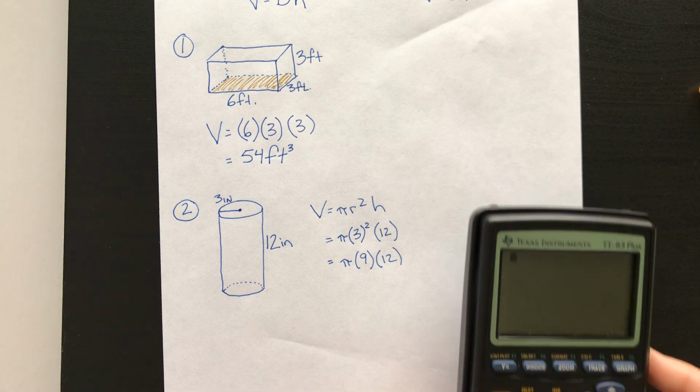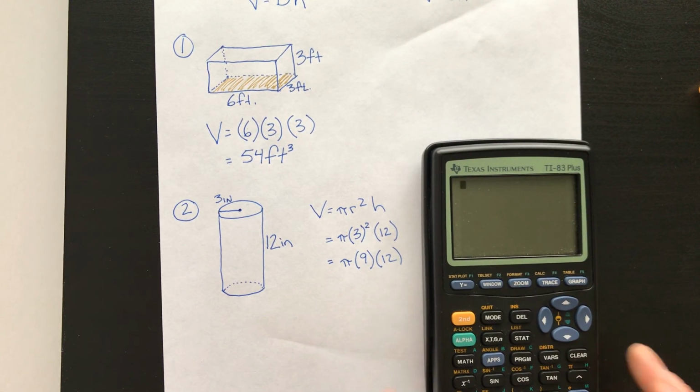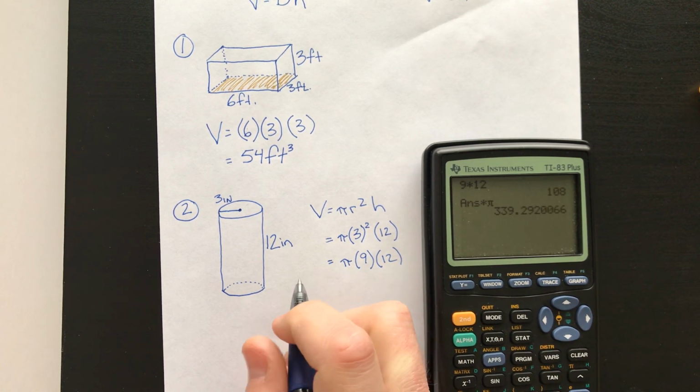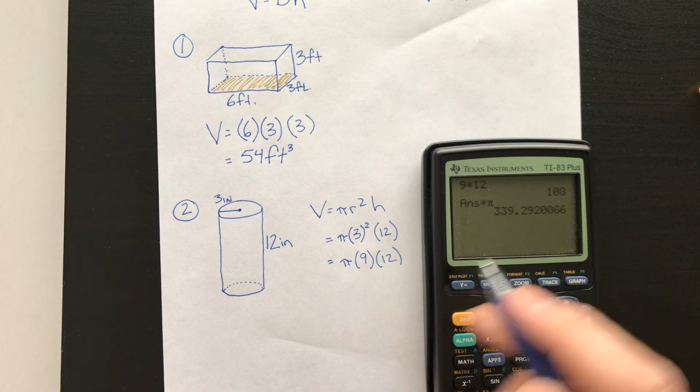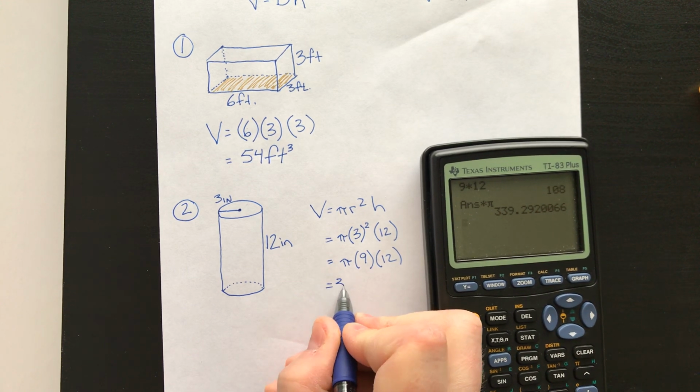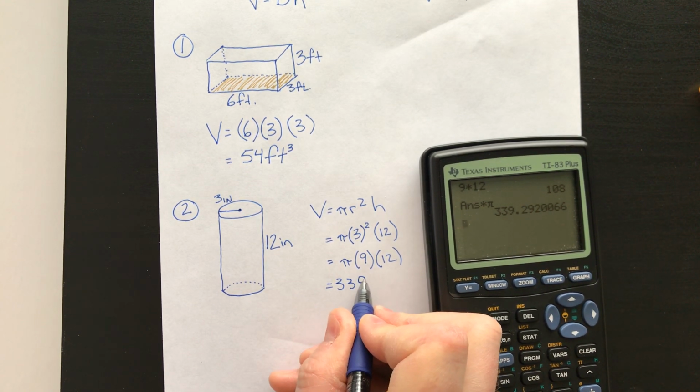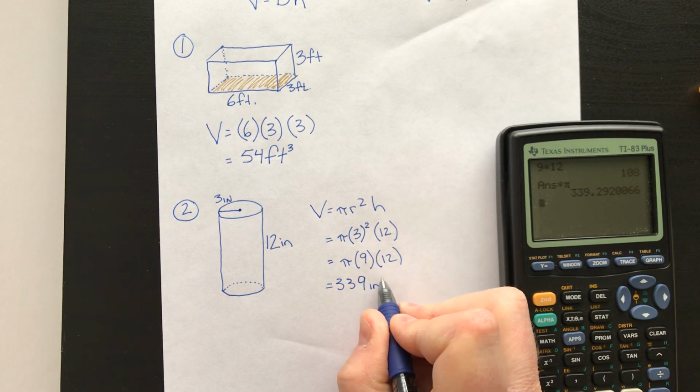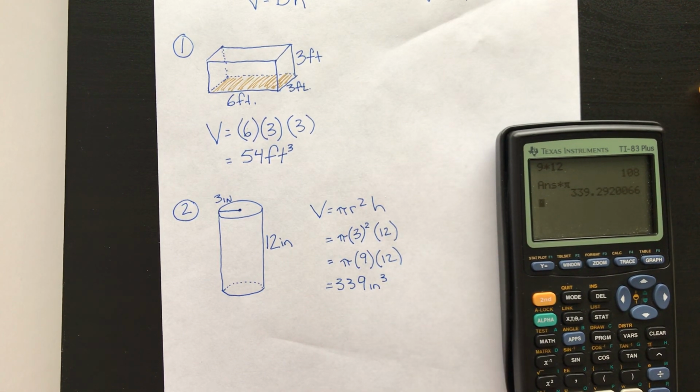So they don't want us to leave it in terms of pi. So what I'm going to do, 9 times 12, and then multiply that by pi. If they want it to the nearest whole number, 339.3, so it's just going to be 339, and this is inches cubed. Okay? Sometimes they'll tell you to leave it in terms of pi. Sometimes they'll tell you to round to the nearest tenth or whole number. So just pay attention to the directions.